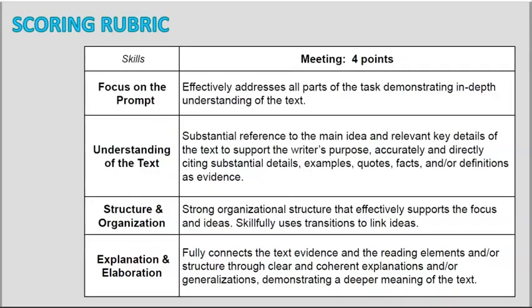Here is the scoring rubric. We have 4 skills. Meeting is our goal, 4 points for each skill: focus on the prompt, understanding of the text, structure and organization, explanation and elaboration. For focus on the prompt: effectively addresses all parts of the task, demonstrating in-depth understanding of the text, substantial reference to the main idea and relevant key details of the text, to support the writer's purpose, accurately and directly citing substantial details, examples, quotes, facts, and/or definitions as evidence.